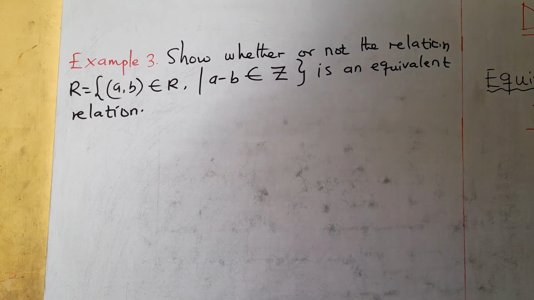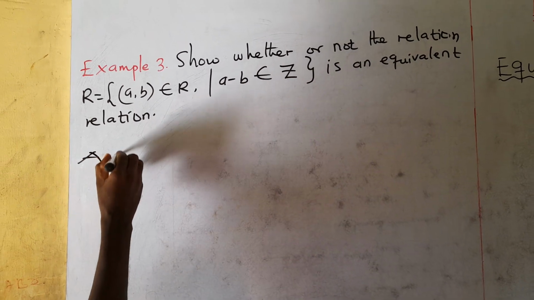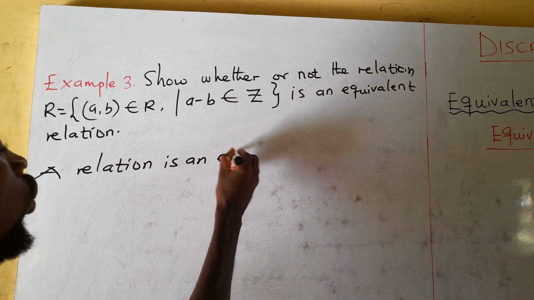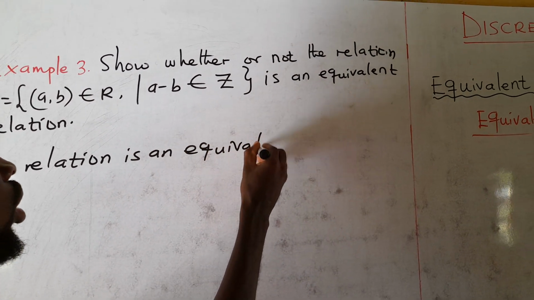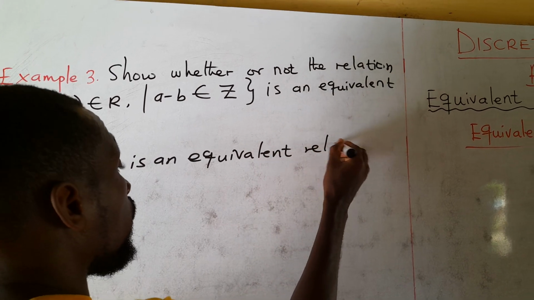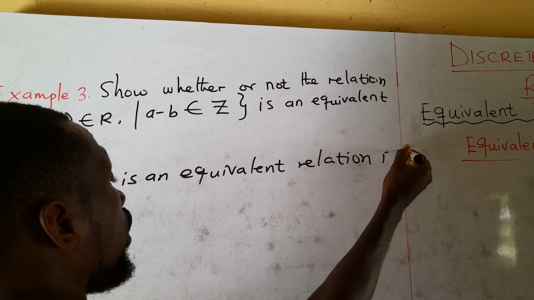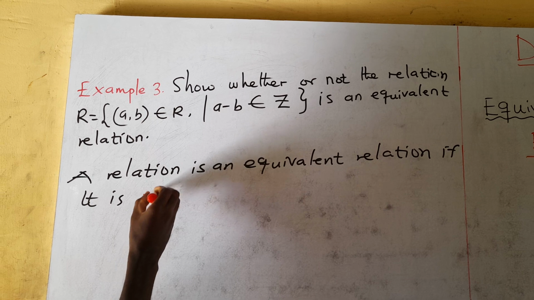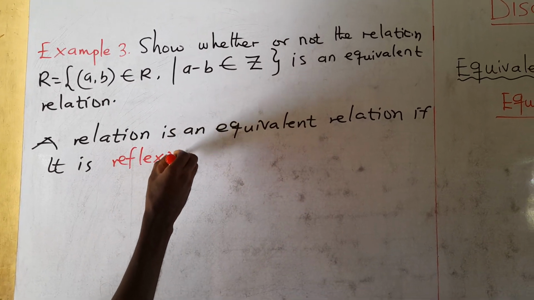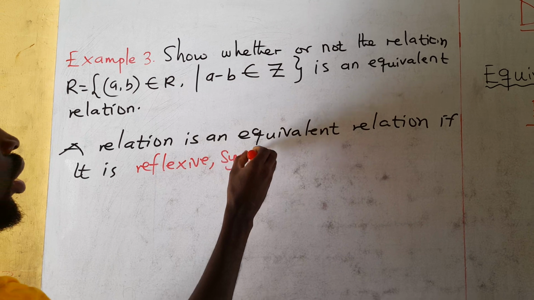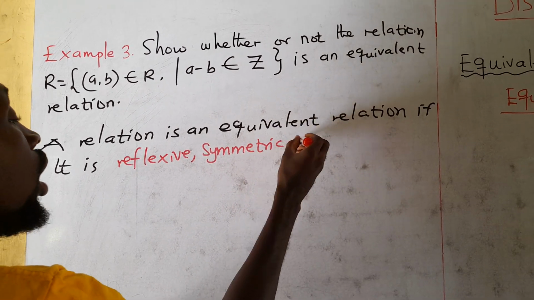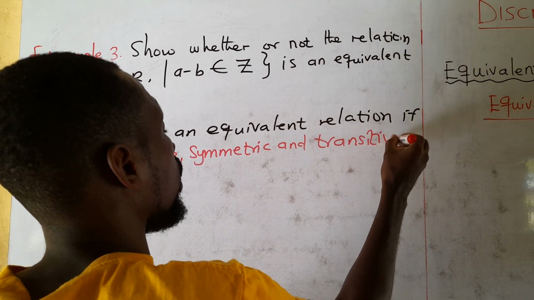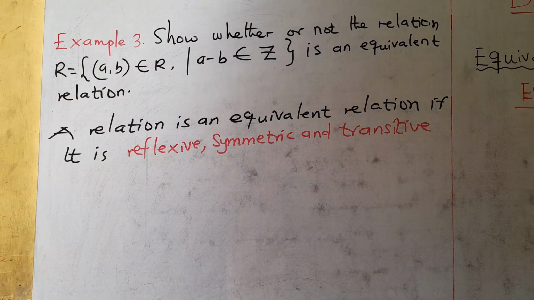Remember, a relation is an equivalence relation if it is reflexive, symmetric, and transitive. I hope you get that. So we check for all.